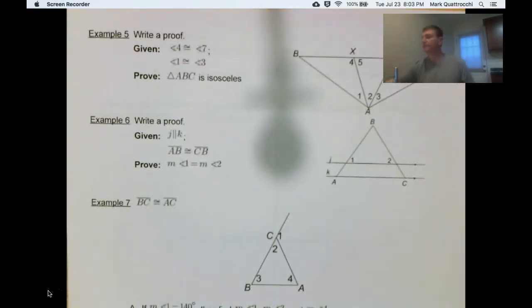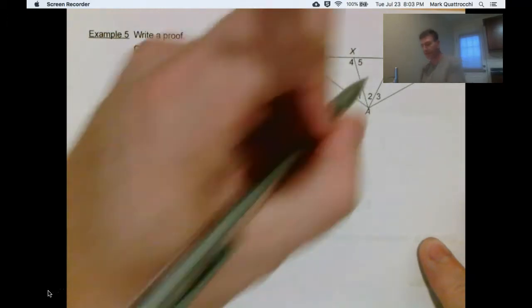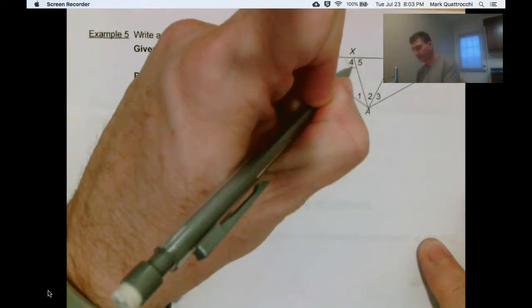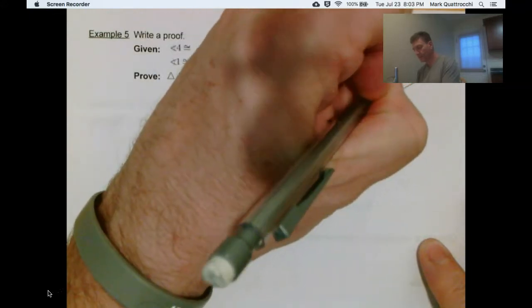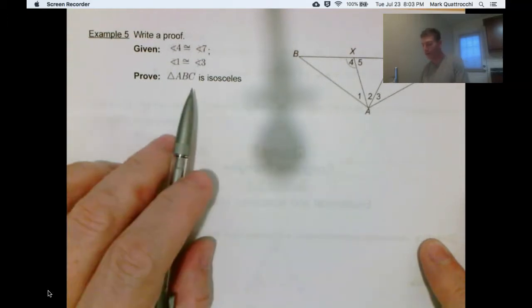All right. Example 5. To do example 5, I'm going to do it on the back of this paper here. So we're going to write a proof. We're given that angle 4 is congruent to angle 7, and angle 1 is congruent to angle 3.